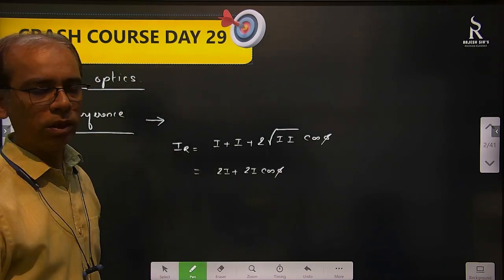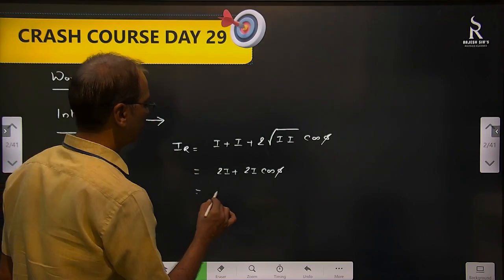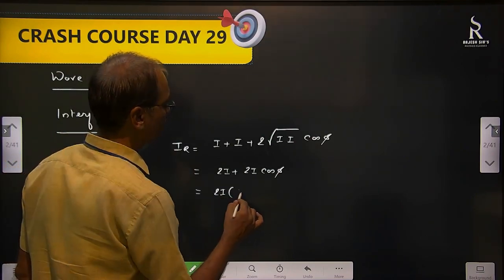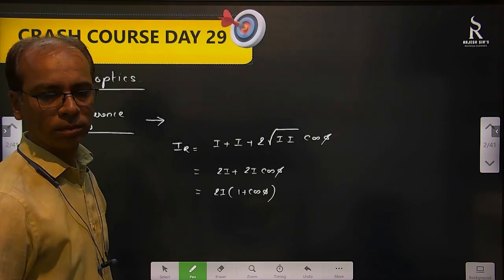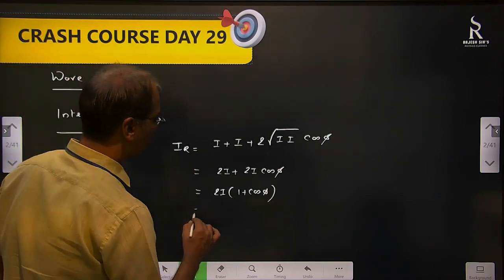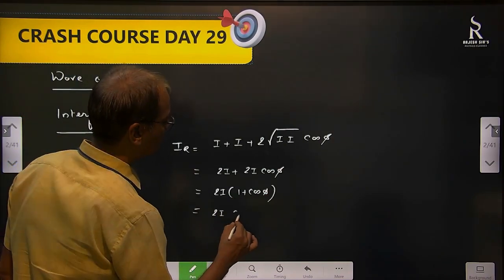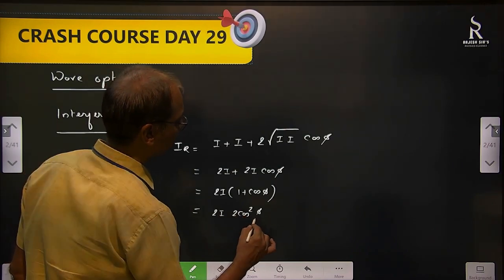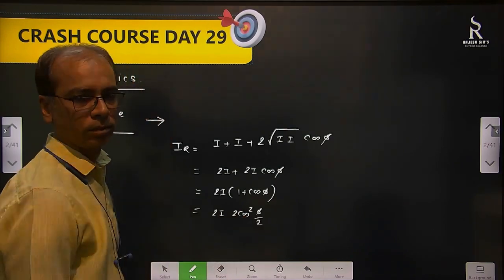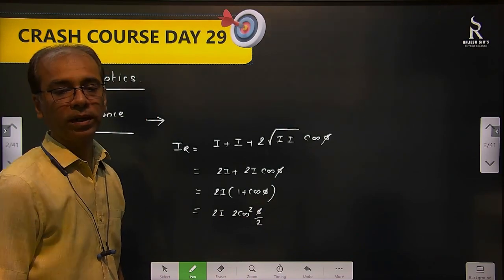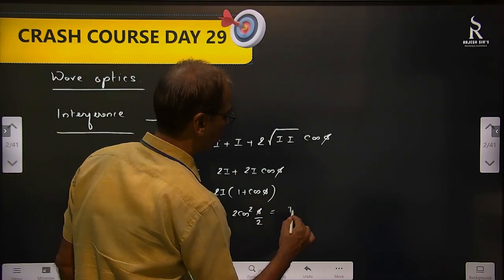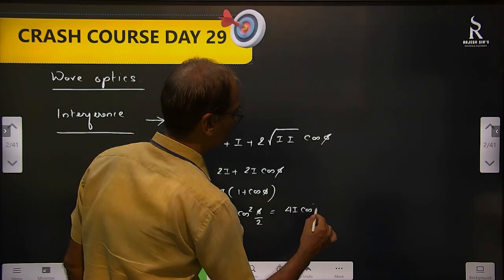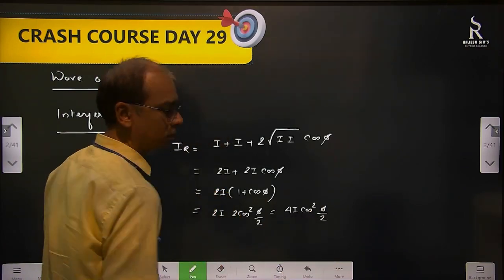Take 2I common: this is 1 plus cos phi, and 1 plus cos phi we can write as 2 cos square phi by 2. That means this becomes 4I cos square phi by 2.